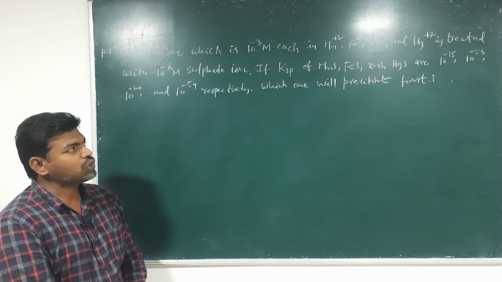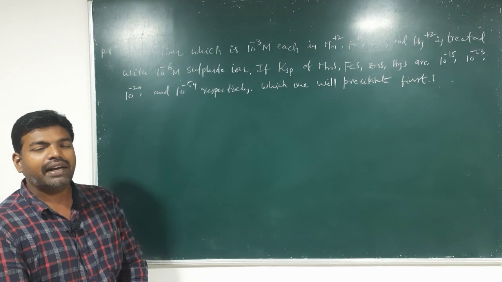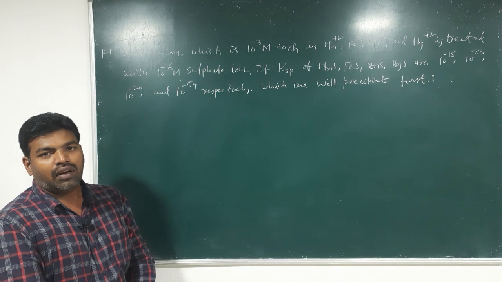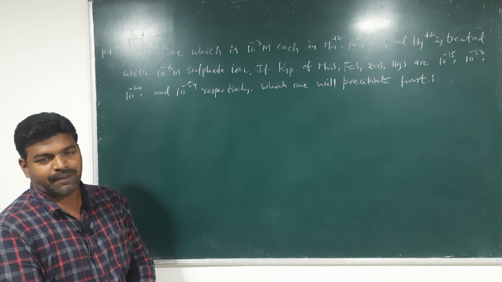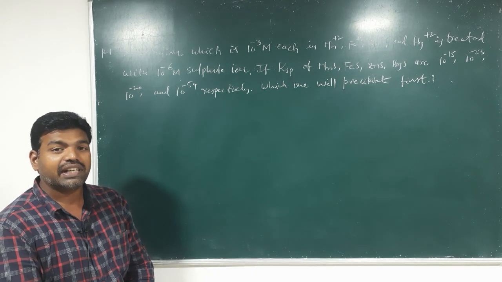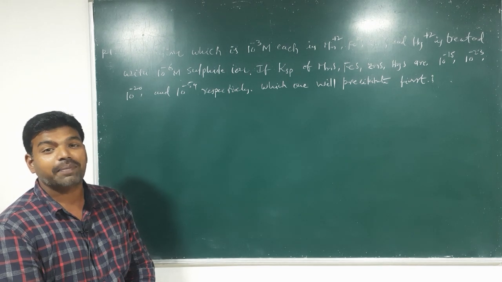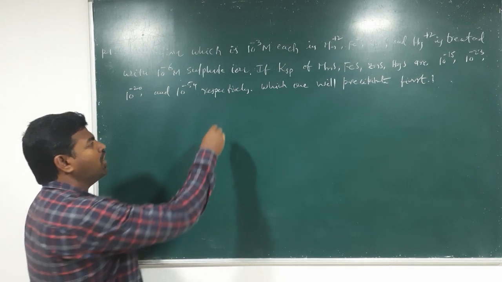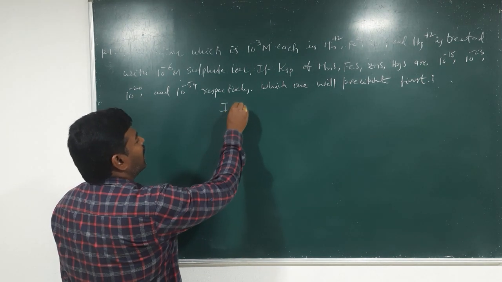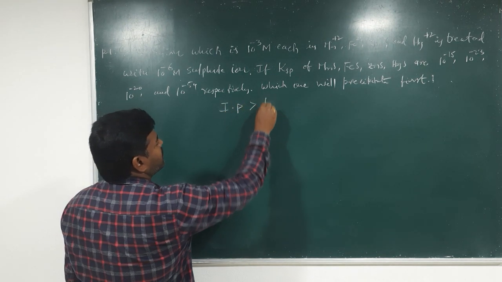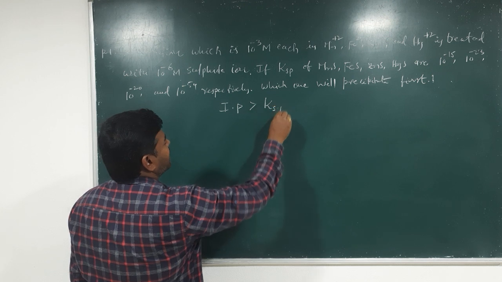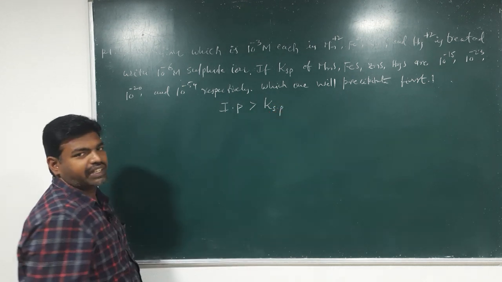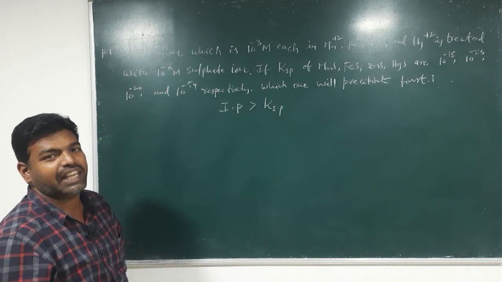To solve this problem, already I told you precipitation takes place when ionic product is greater than solubility product. Ionic product is greater than solubility product, then precipitation takes place.